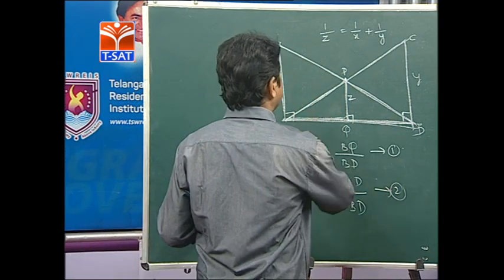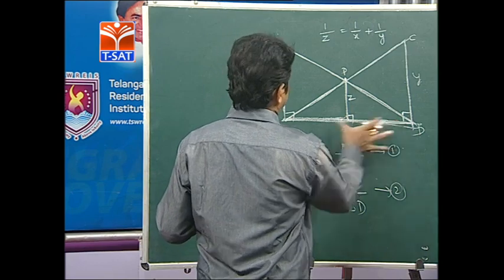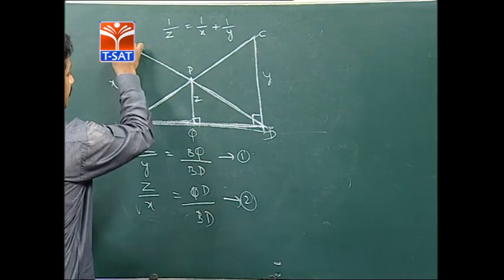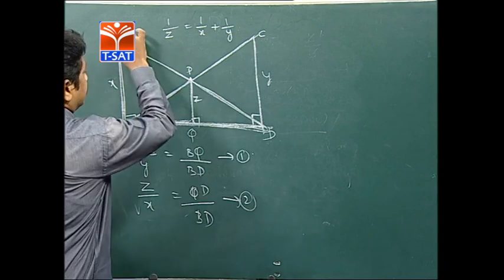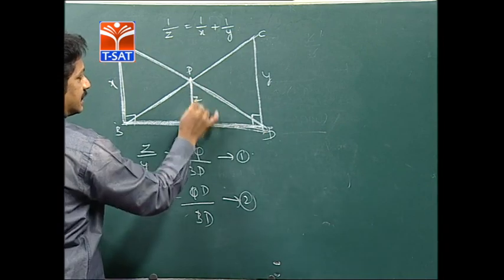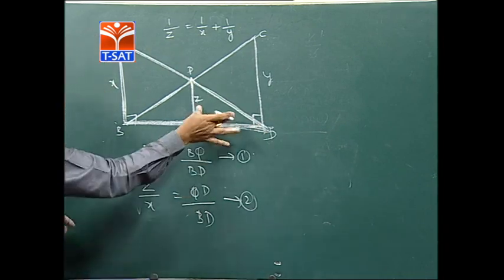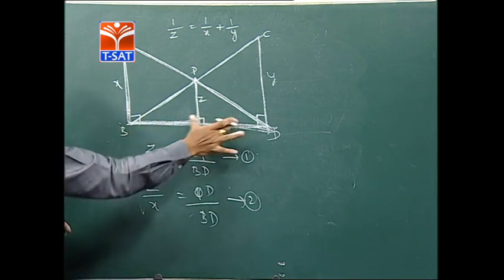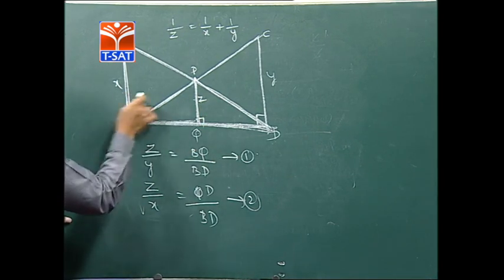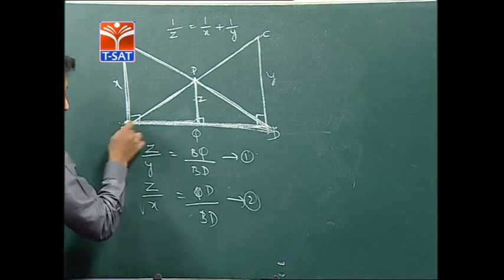Okay, this is QD, and first one, see this is a triangle, and this is another triangle, of course inside the triangle. This triangle is similar to the whole triangle. These two are corresponding sides, and this and the whole are corresponding sides.